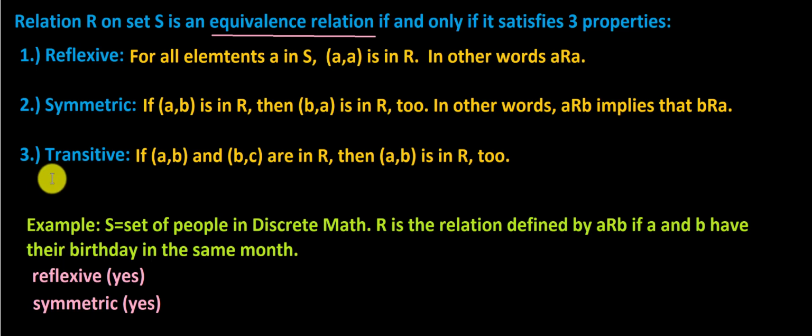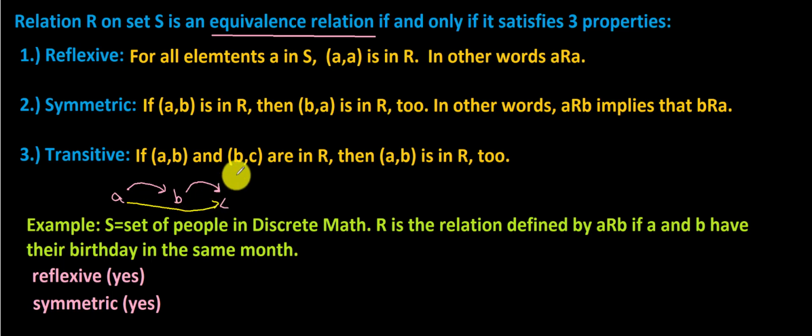Let's say you're here, and we'll call that point A. So if you can go from A to B, and you also know that you can go from B to C, then it's also true that you could go A directly to C. And that's what transitive is saying.